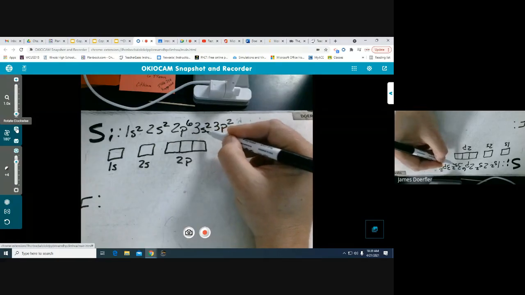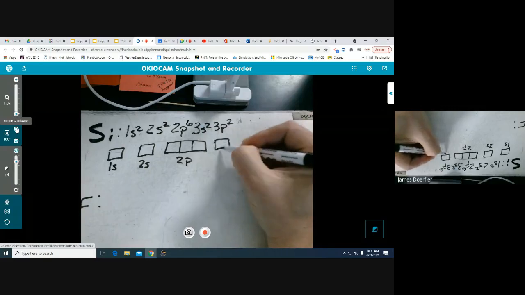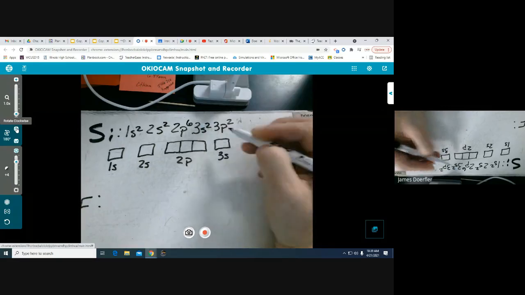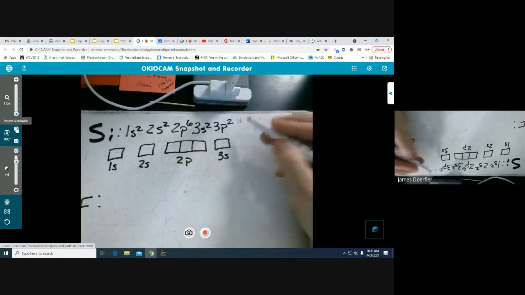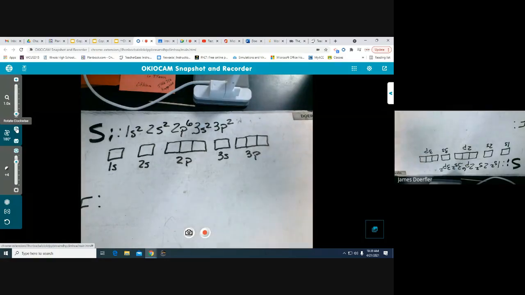How many boxes do I draw for that s orbital? 1. Very good. And so it gets a label of 3s. And then we're on another p. So again, we draw 3 boxes, label as 3p. Okay. So we should have the correct number of boxes for each orbital as well as the label beneath it.